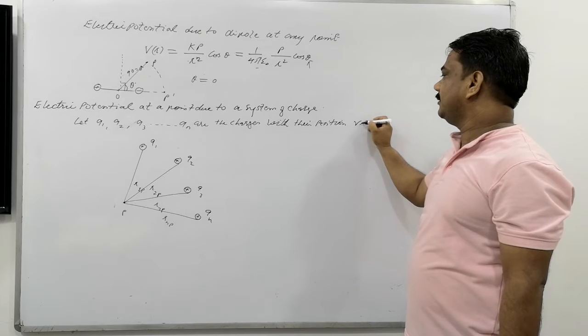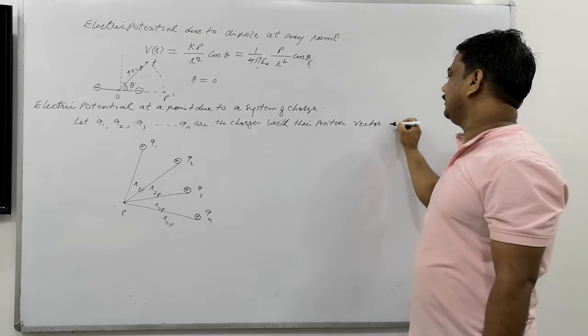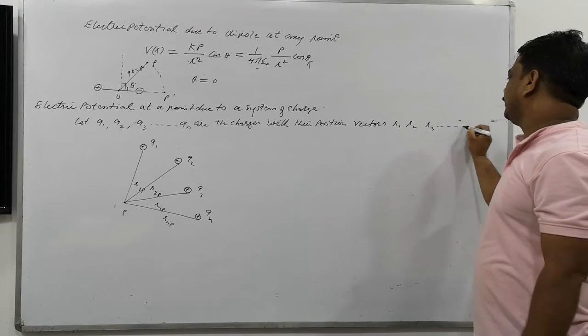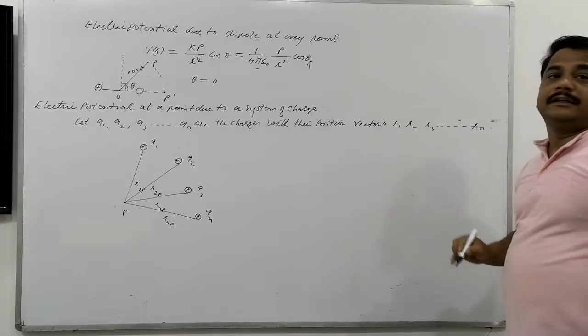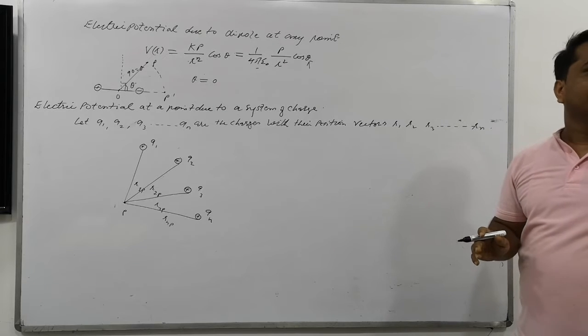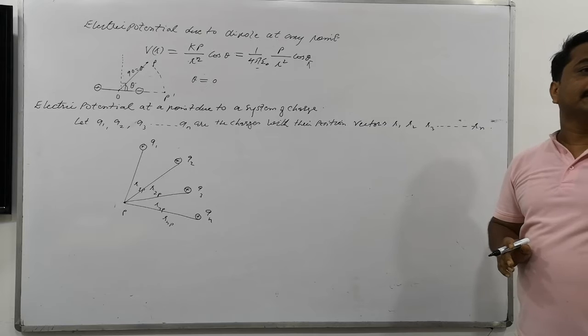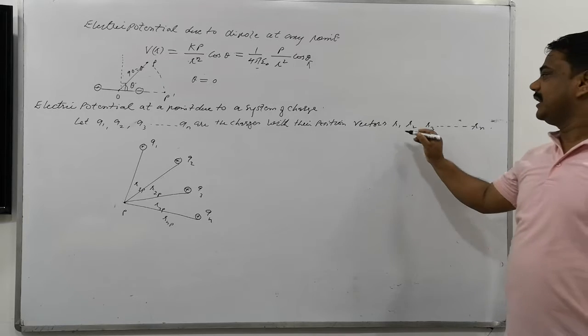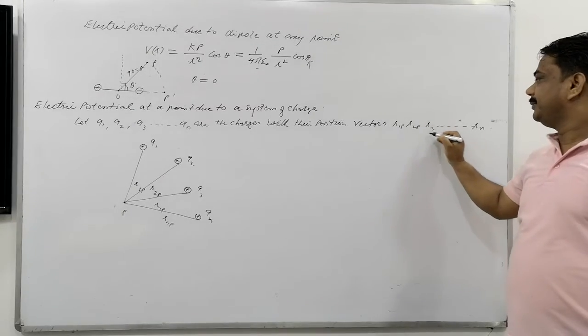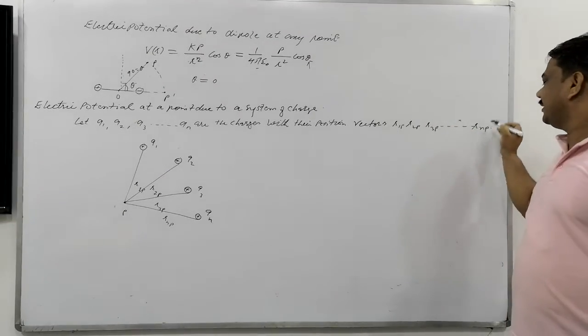Q1, Q2, Q3, Qn are the charges with their position vectors R1, R2, R3, Rn. These are the position vectors with respect to the origin. But we want to find the position with respect to P. So it shall be with respect to 1P, 2P, 3P, and NP.